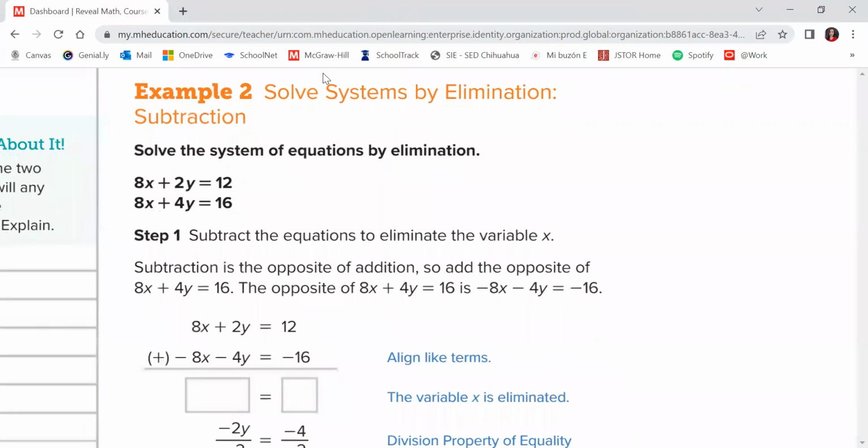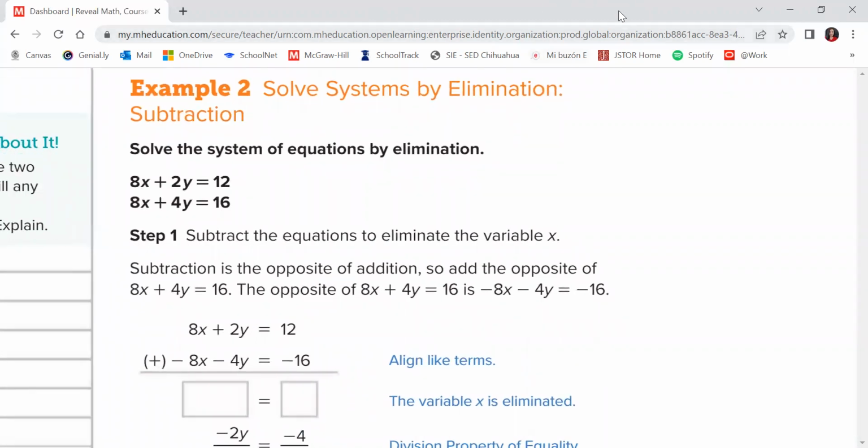So if you see, we have exactly the same term right here for the x's. So what do we need to do? We need to subtract them in order for us to eliminate it. So right here, we have 8x, and we're going to subtract 8x.